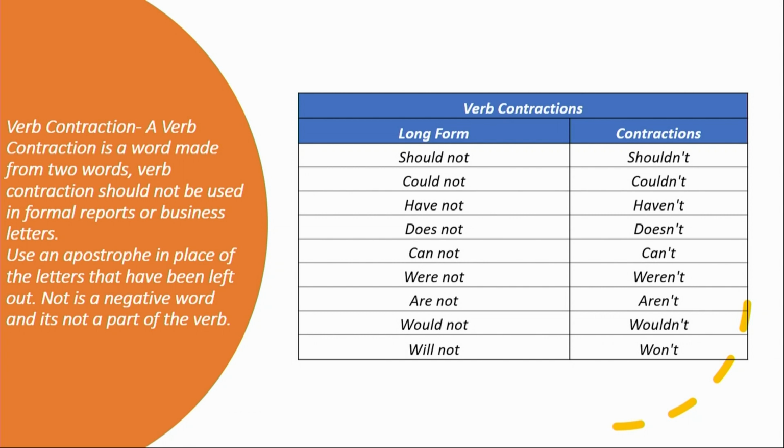Does not becomes doesn't. Cannot becomes can't. Were not becomes weren't. Are not becomes aren't. Would not becomes wouldn't. Will not becomes won't.